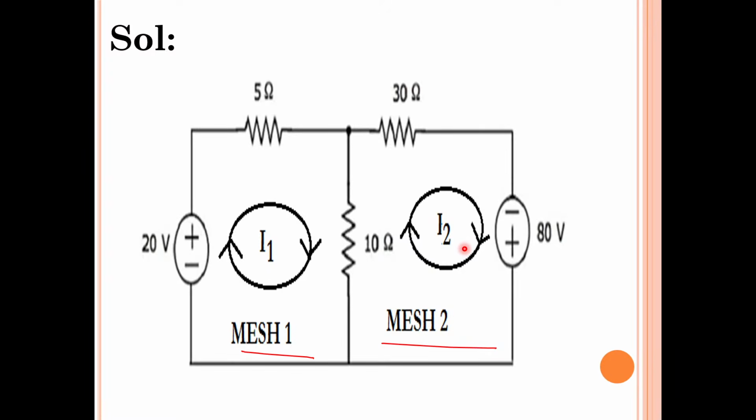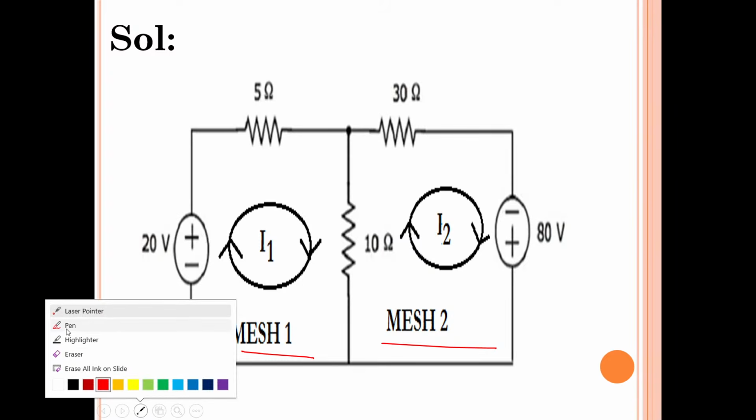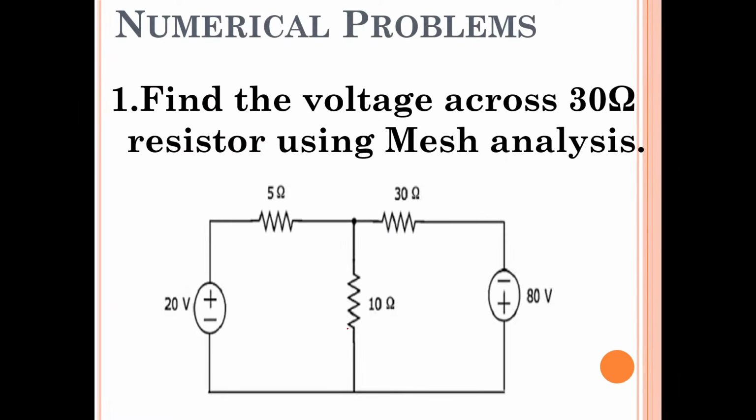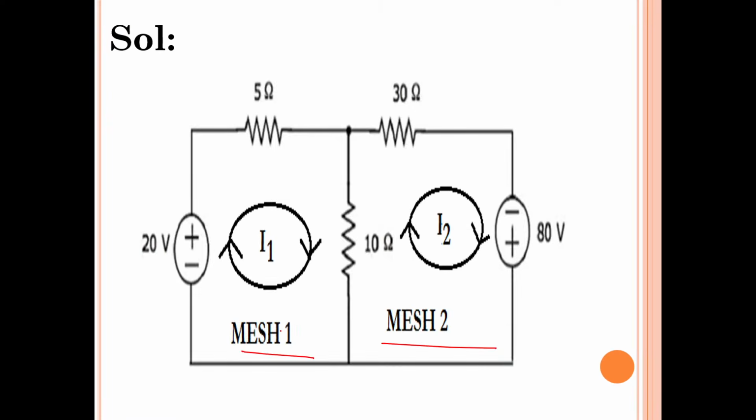In the earlier slide, what I showed was the circuit given in the question. You better write the solution and redraw the circuit, so that you will know what modifications you have to make in the given circuit when mesh analysis is asked, that is, when it is asked to determine some parameter using mesh analysis.